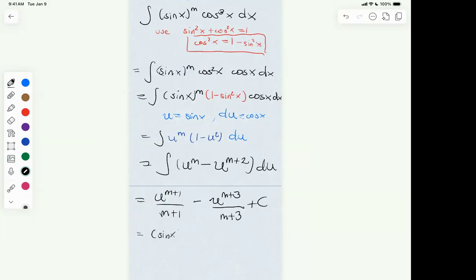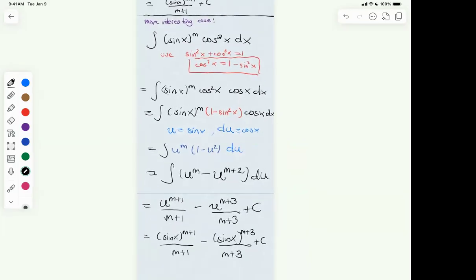You can write this as sine of x to the m plus 1 over m plus 1 minus sine of x to the m plus 3 over m plus 3. Is that okay? Is that making sense?